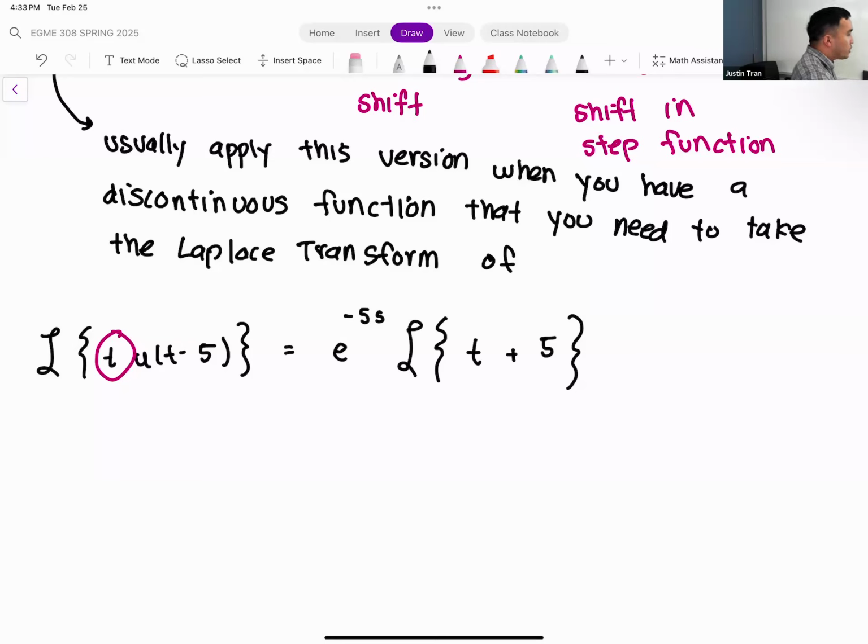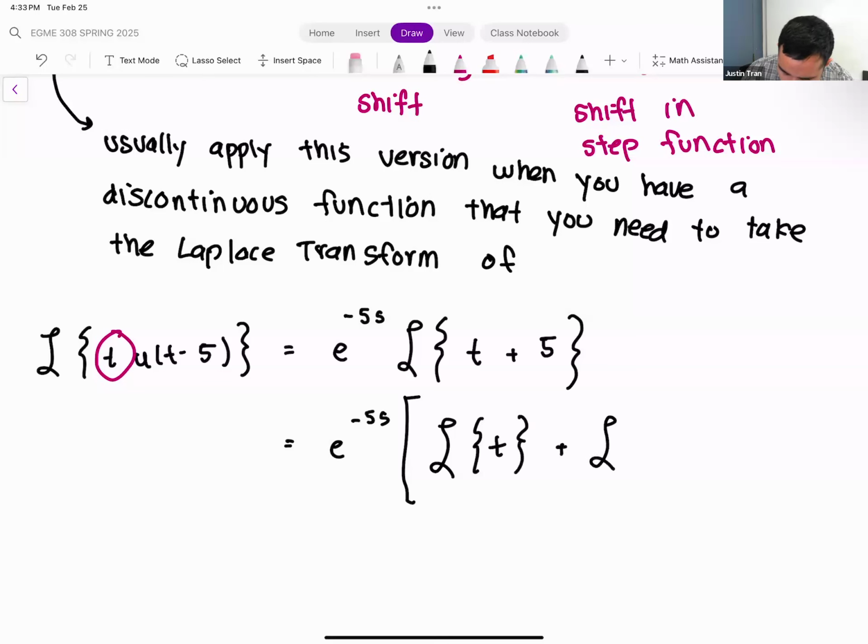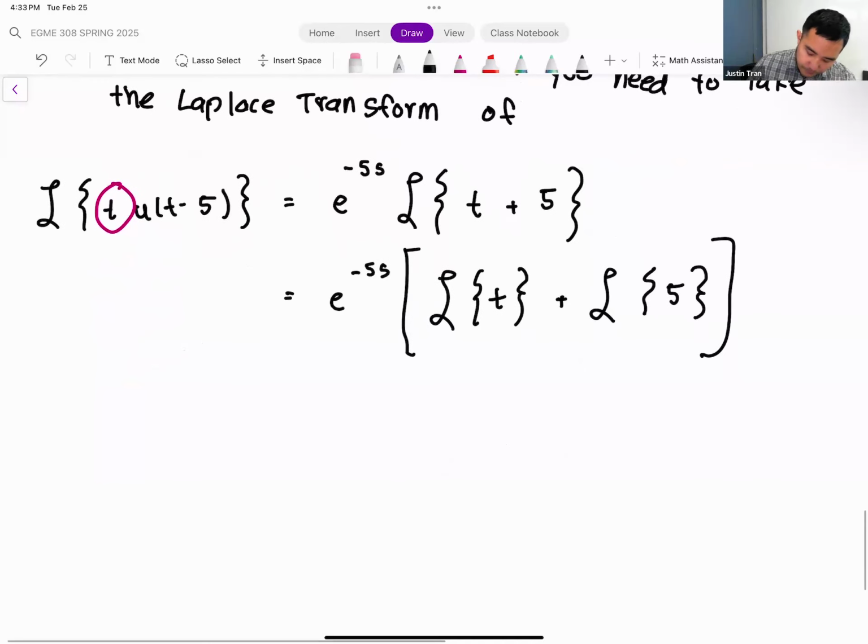What we have here is just the Laplace transform of t plus 5. This is a fairly easy function that we can do. So let's break this up. We have e to the minus 5s, it just comes along for the ride at this point. And so we have Laplace transform of t plus Laplace transform of 5.